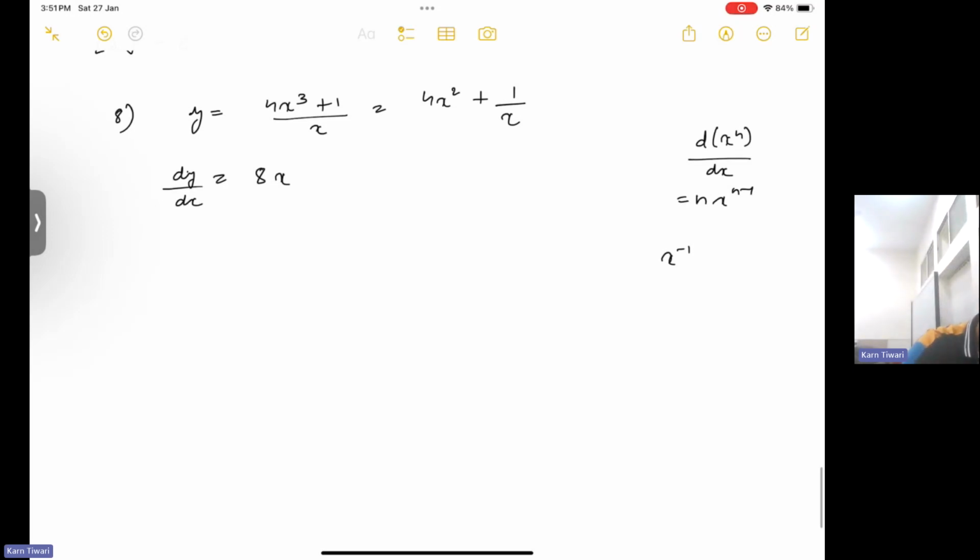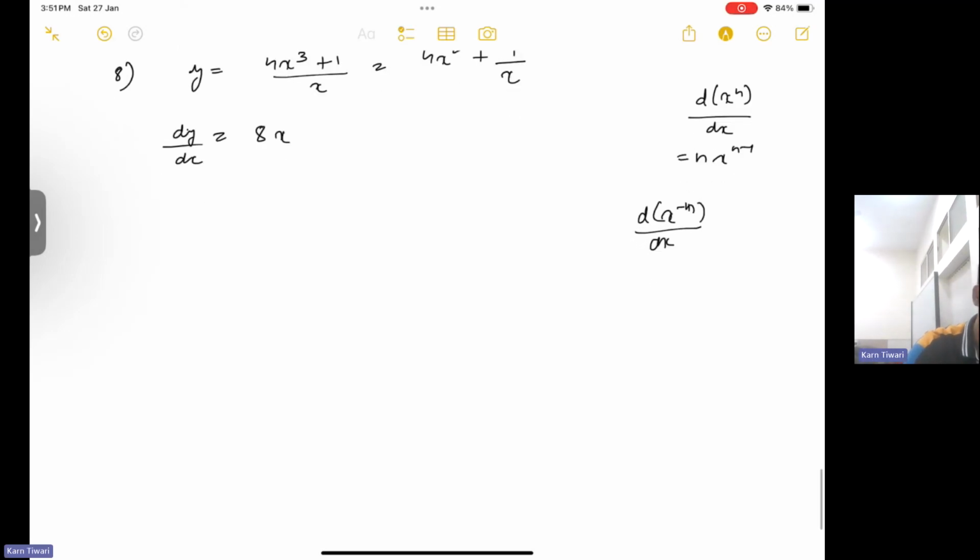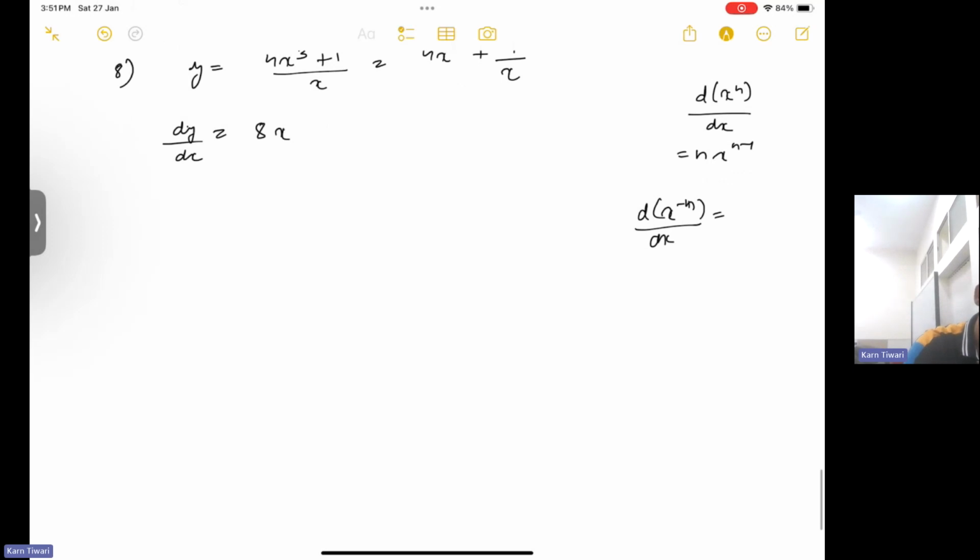So it's just the differentiation of x to the power minus n divided by dx. Whenever it is of this form, you can write it as x to the power minus n plus 1 divided by minus n.